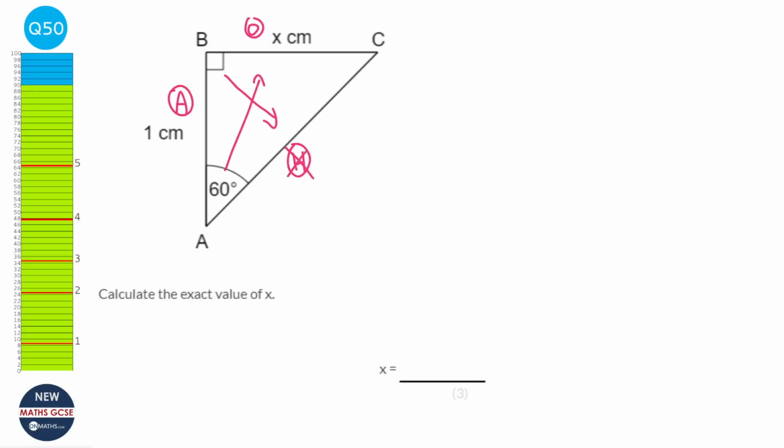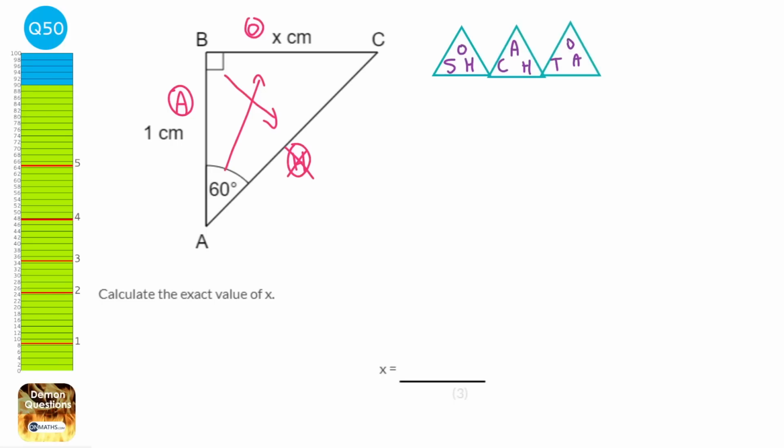Next thing we do is draw our trigonometry triangles. So we've got SOH, CAH, TOA. Now we've crossed out the H, so we're not going to be interested in the SOH or the CAH. So it's going to be TOA. TOA is short for tan the angle equals opposite over adjacent.